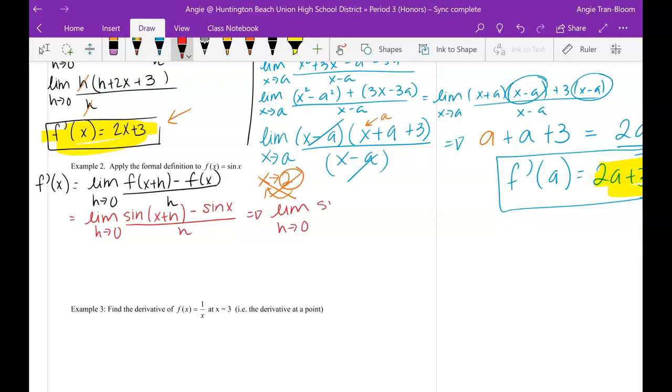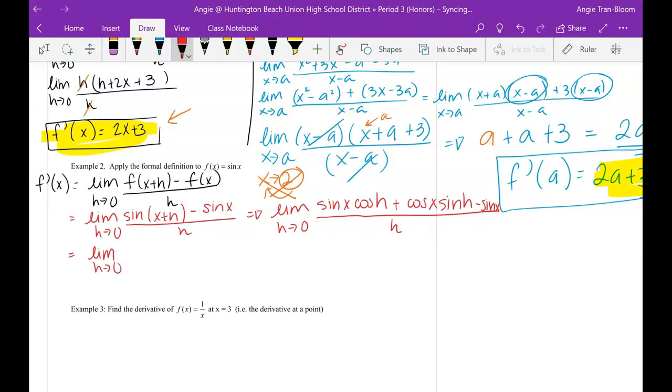So here we go, sine of x cosine of h, okay? Then I'm going to add cosine of x sine of h, and then just drop the sine of x back, all over h, okay? Then continue, limit as h approaches 0.